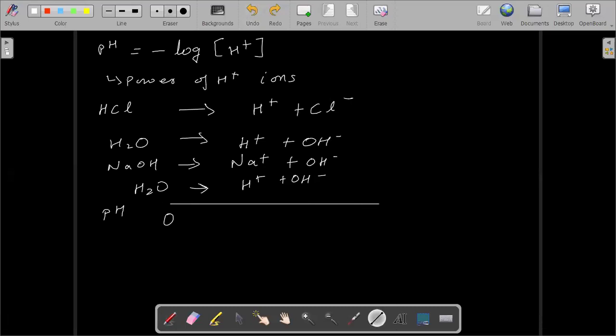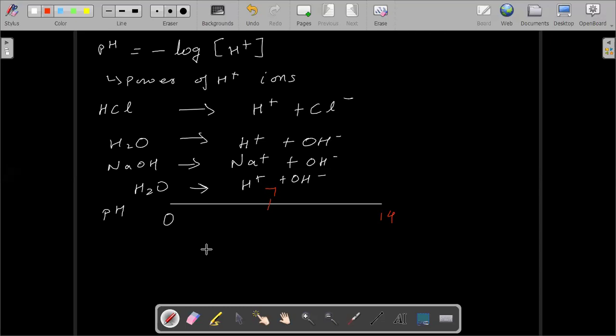So this one is 0, this one is 14. And we mark the neutral point over here. Neutral point is the point where we see both acidic as well as basic behavior. So this is neutral point 7, which is neither acidic nor basic. The substances which have pH less than 7 will be acids, and the substances which have pH greater than 7 will be bases.